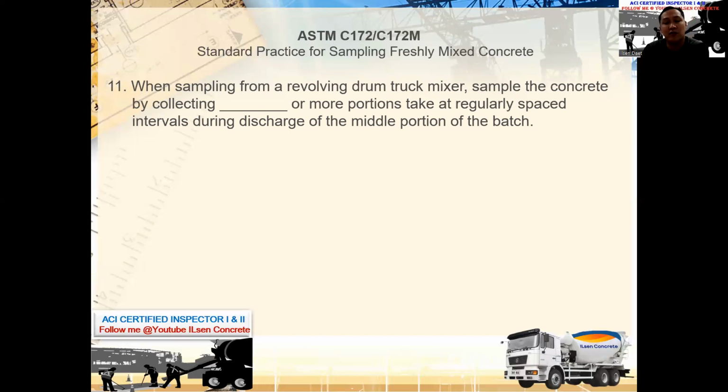When sampling from the revolving truck mixer, sample the concrete by collecting how many portions or more, taken at regularly spaced intervals during discharge of the middle portion of the batch. What is the answer? The answer is 2. By collecting 2 or more portions taken at regularly spaced intervals during discharge of the middle portion of the batch, the answer is 2 based on section reference 5.2.3.